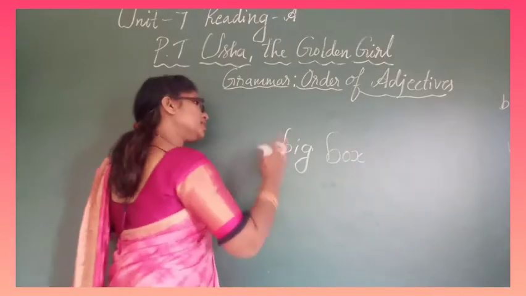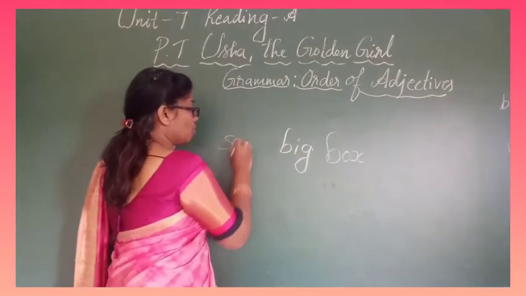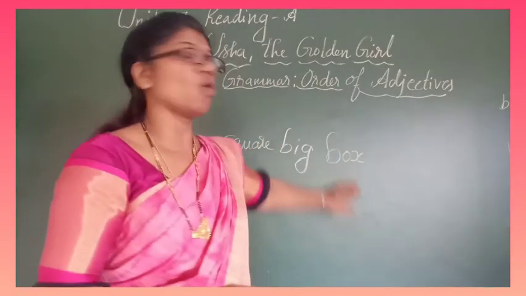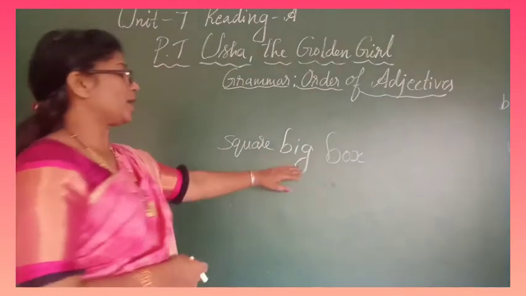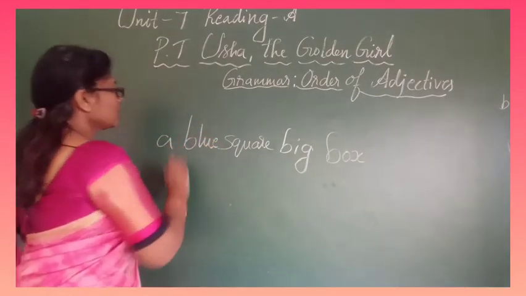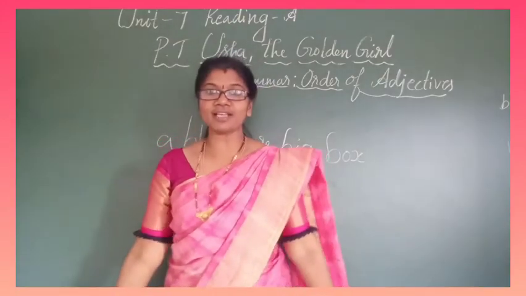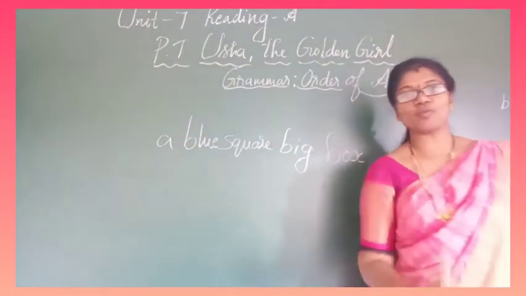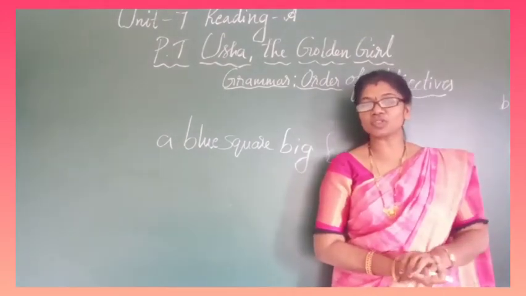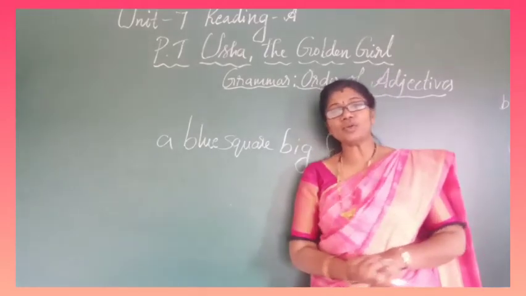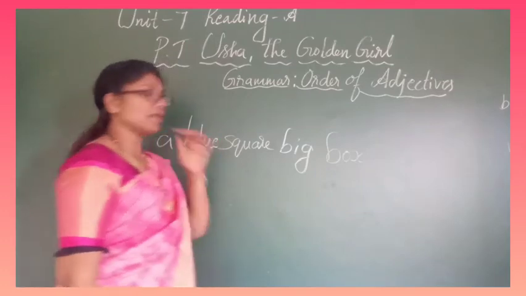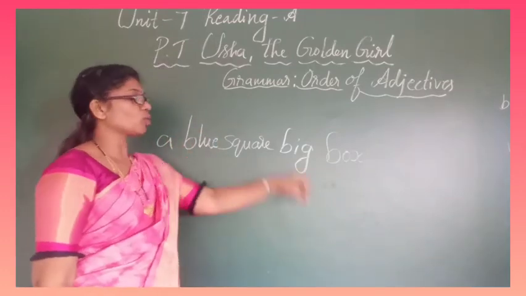But you want to say something more about this box. You want to describe it with more adjectives. Please bring me that square big, blue square big box. If I ask you what you saw in that sports room, on the table of that sports room, and you want to describe the box, you can't say I saw a blue square big box.